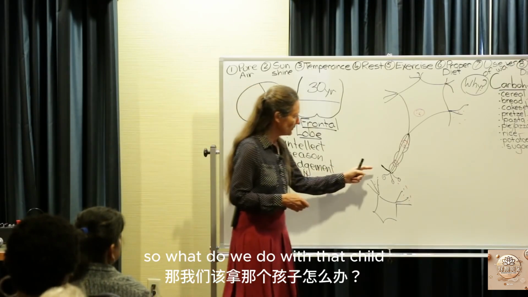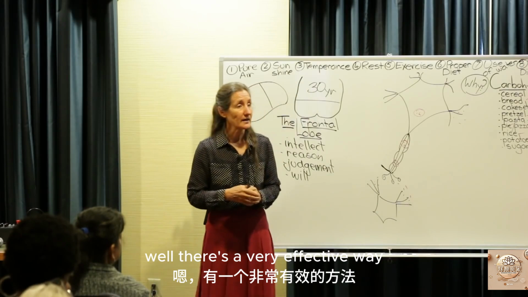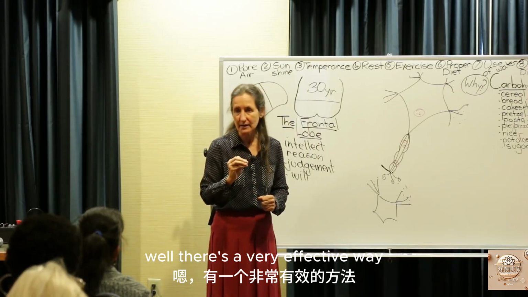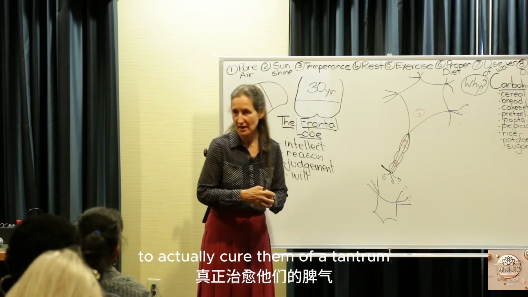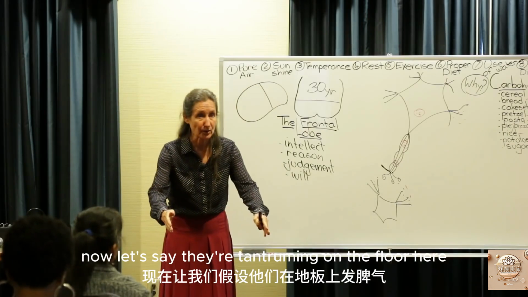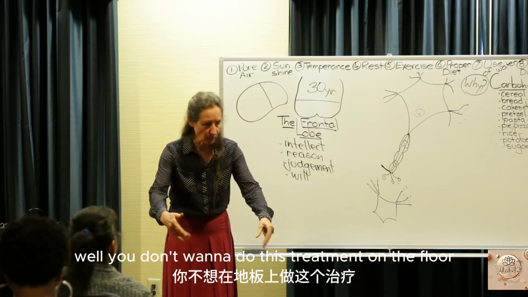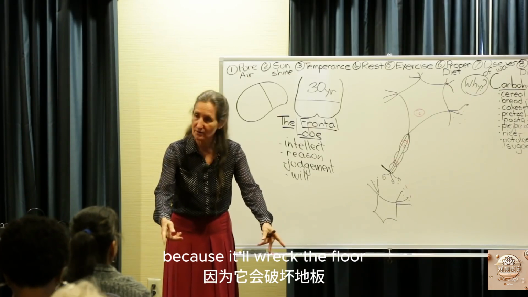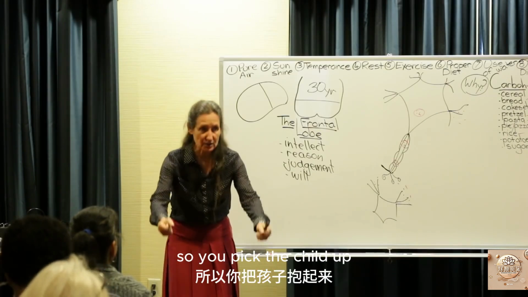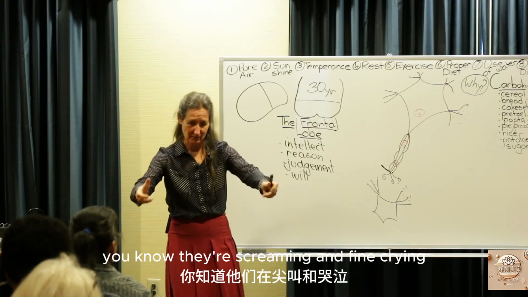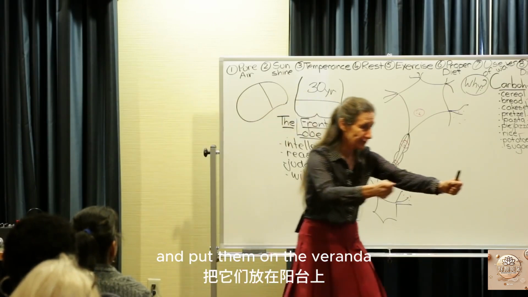So what do we do with that child? Well, there's a very effective way to actually cure them of a tantrum. Now, let's say they're tantruming on the floor here. Well, you don't want to do this treatment on the floor because it'll wreck the floor. So you pick the child up, they're screaming and crying, and put them on the veranda.